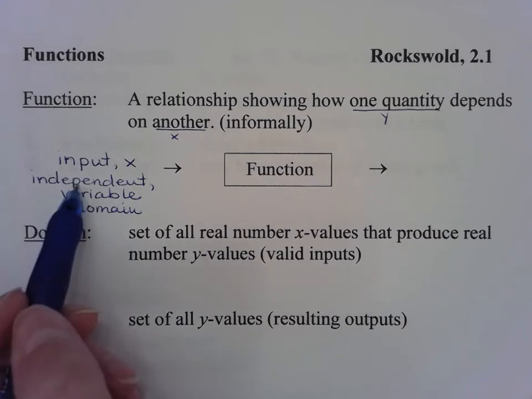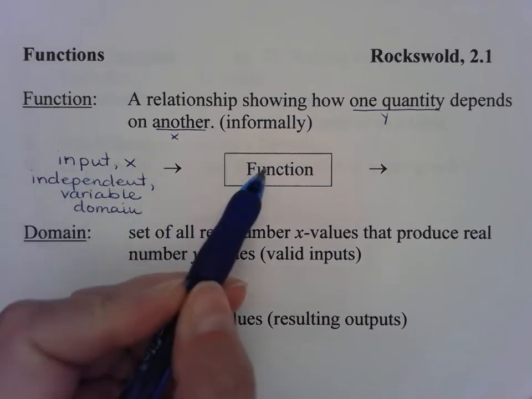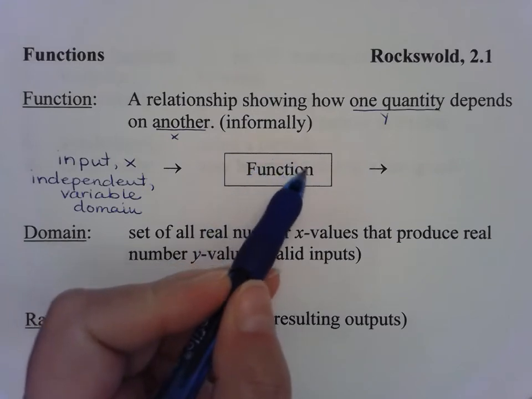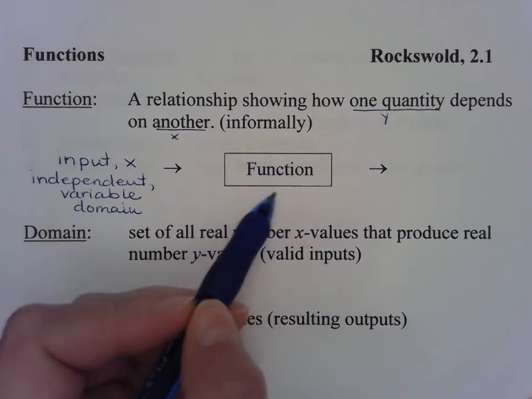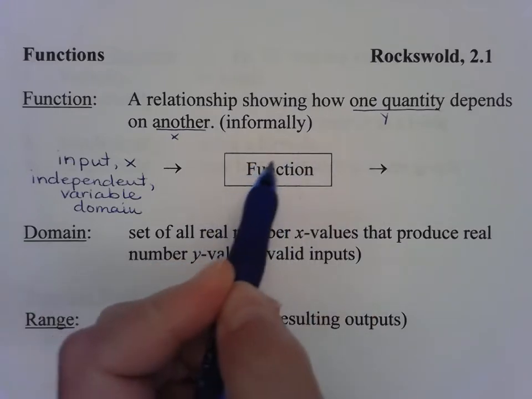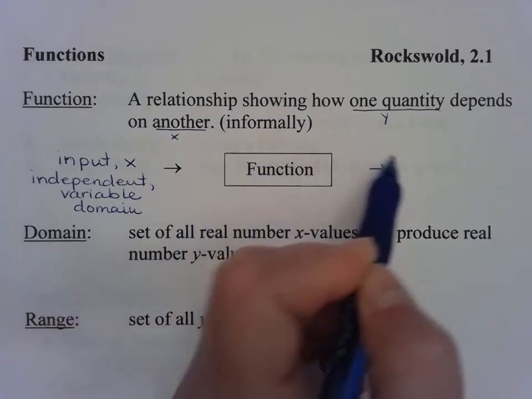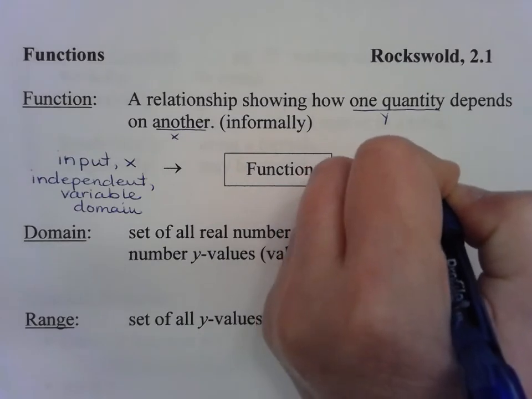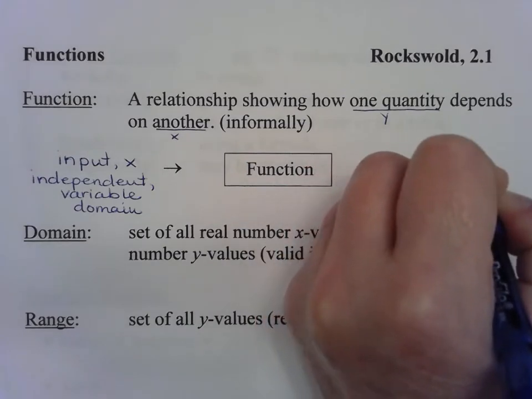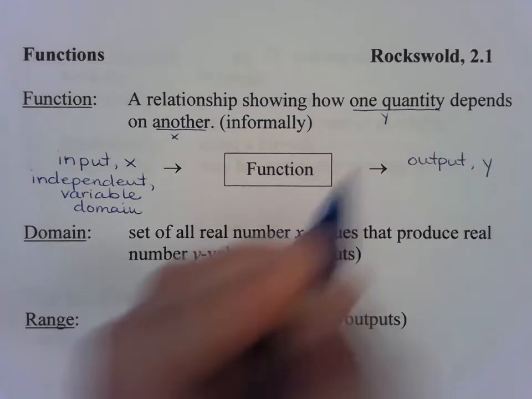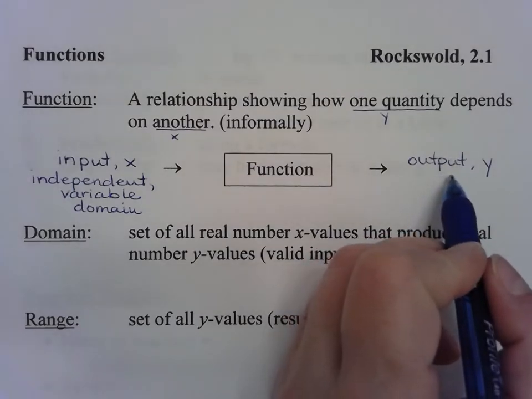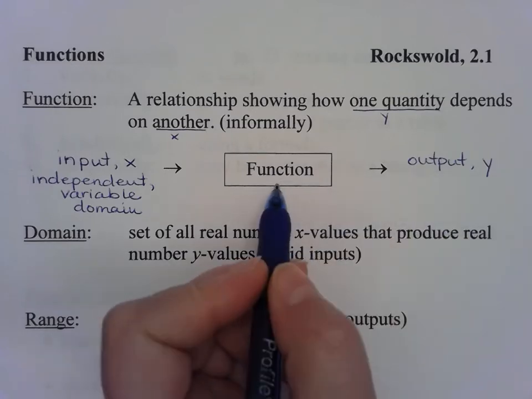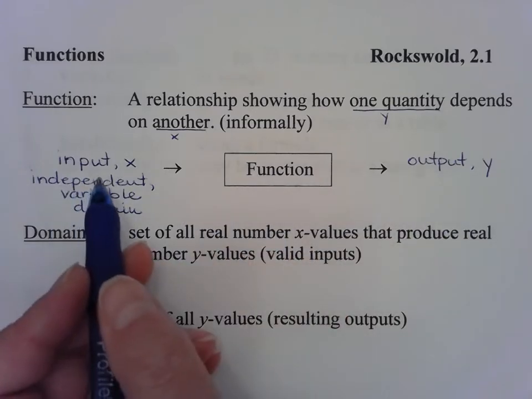I take that number, that input, I put it into my function. Either I have an equation that I use to calculate, or I have a table or graph, or just a relationship in general. And that's going to be tied with what we usually call an output. Sometimes we label it Y. So what we get out, the result that we get, depends on what we put in.